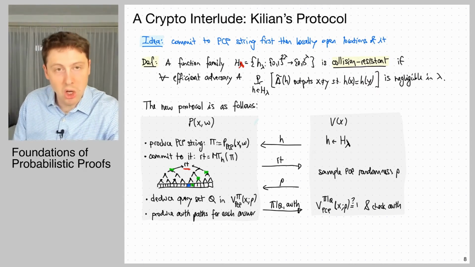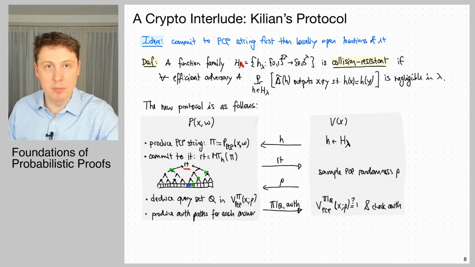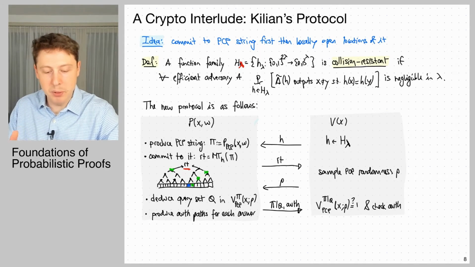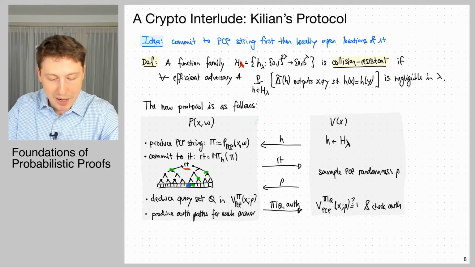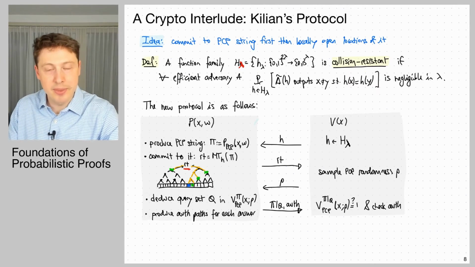By sending all of these, let's call them witness nodes, the verifier can recompute the root by retracing the path, right? It will recompute this one, then that one, then that one, then this one, and then establish that, yes, I get the same root that I was sent earlier, okay?